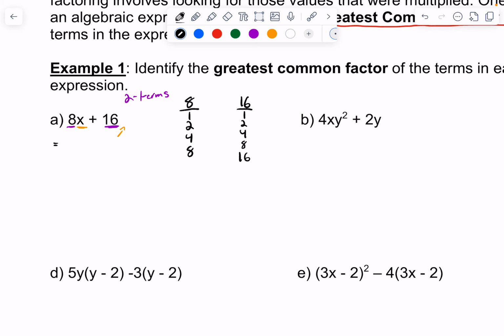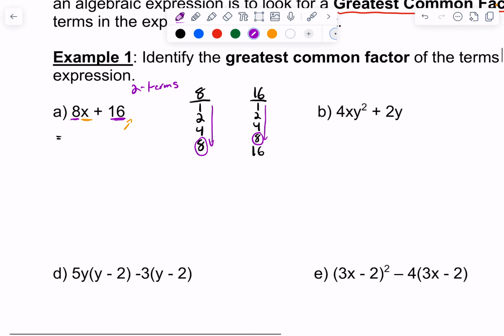Then you look for the biggest number that is common. You look in this direction, and you stop when you get the same common number. So in this case, 8. So 8 is the biggest number that is common between both of them.